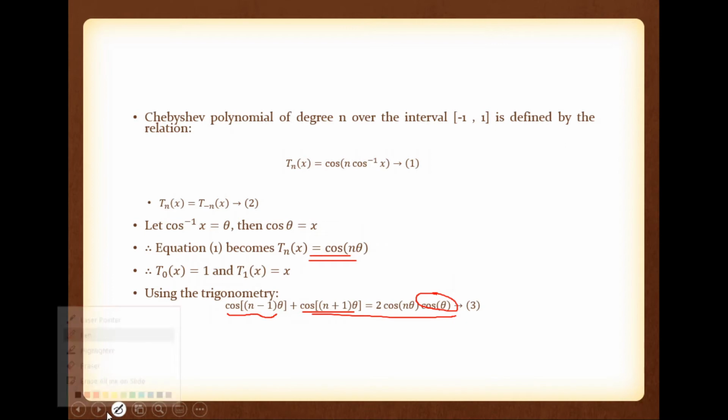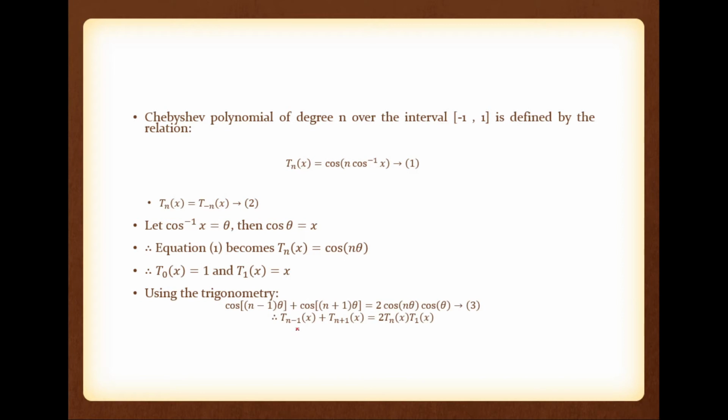Is it okay? So this trigonometric equation, cos of n minus 1 theta plus cos of n plus 1 theta equal to 2 cos of n theta into cos theta, will become Tn minus 1 of x plus Tn plus 1 of x equal to 2 Tn of x into T1 of x.